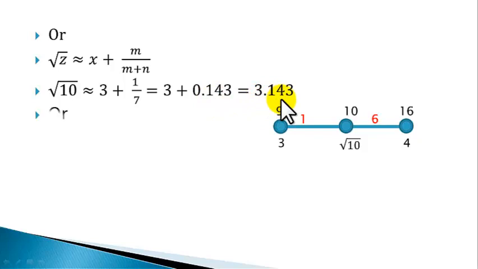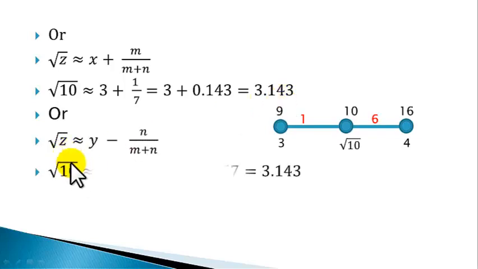Also, using the upper interpolation formula, square root of 10 is approximately equal to y is 4 minus n is 6 divided by m plus n, 7. 4 minus 6 over 7 is 4 minus 0.857, which also gives us 3.143.